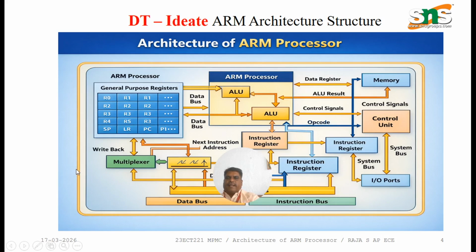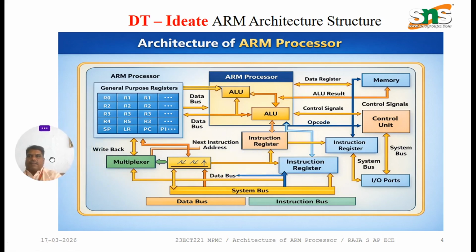This is the detailed architecture of the ARM processor. As in the 8085, 8086 and 8051, this ARM also consists of general purpose registers starting from R0 to R15, and the ALU, arithmetic logic unit, is used to perform arithmetic and logical operations.